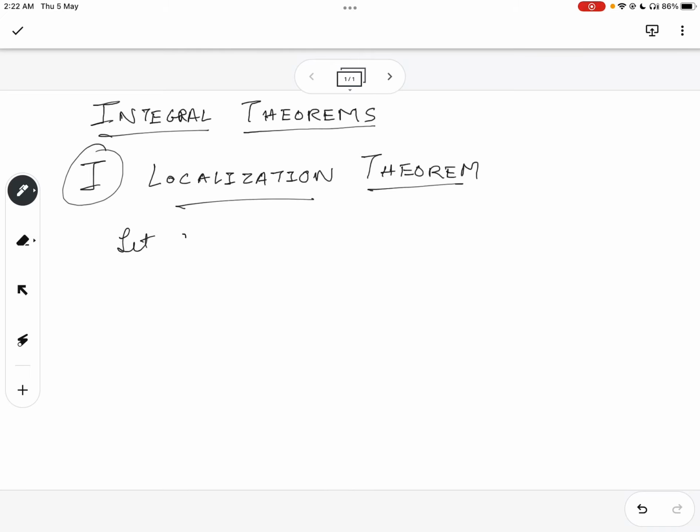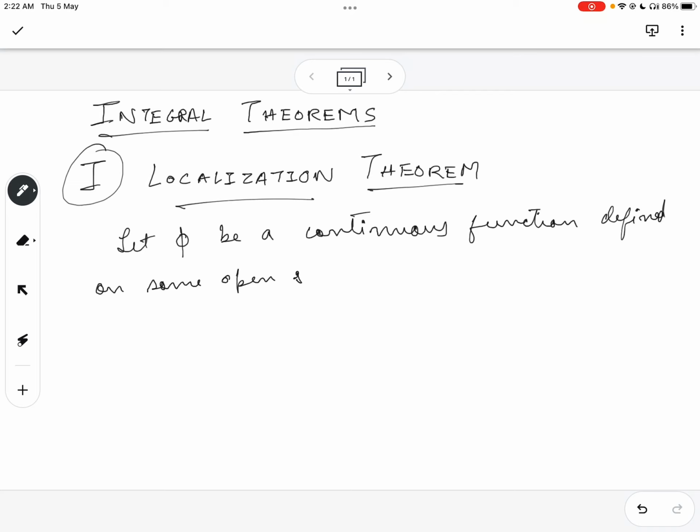So let phi be a continuous function defined on some open set R, which is a subset of E3. So we are talking about a region R in E3.